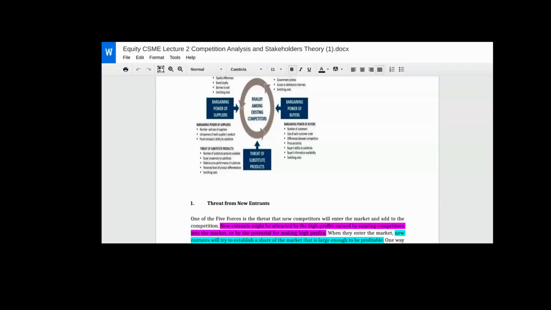Why are they striving? How come they are not looking at other industries? What is their interest in that market? This new entrant that we call potential rivals, competitors, they are striving to enter that market to sell their product, all because that market is attractive.